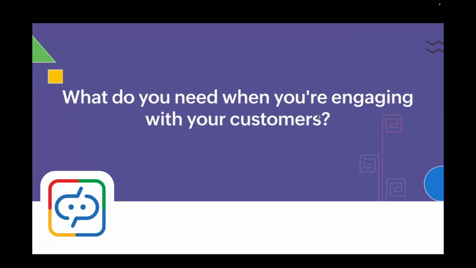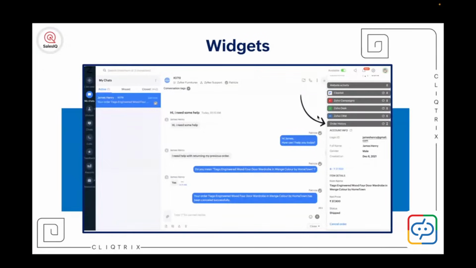So how do they have this information? Well, that's a widget. You need the basic information like name, email, and phone number. While having them, you can easily assist your customer effectively. So this is where widgets come into play.